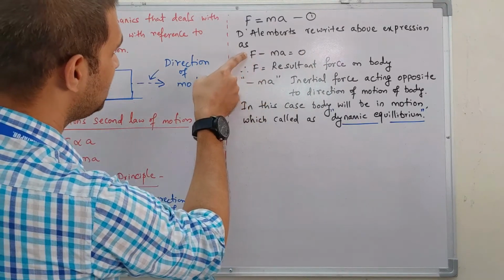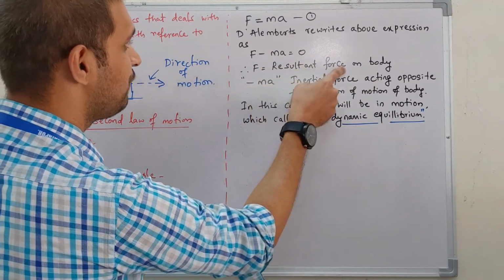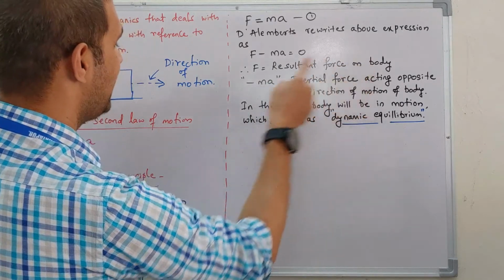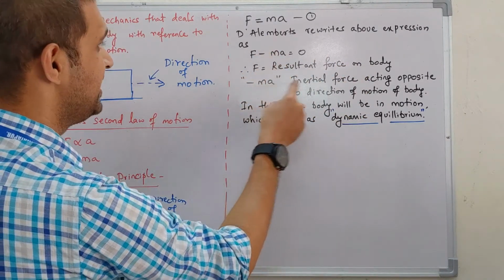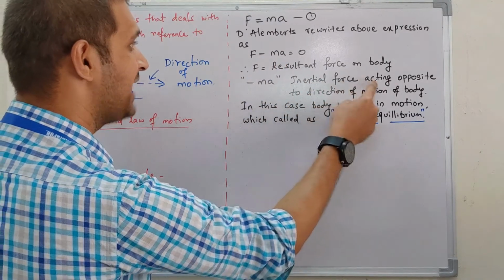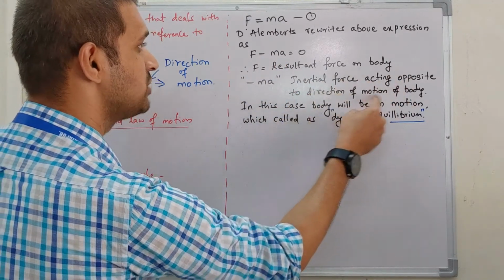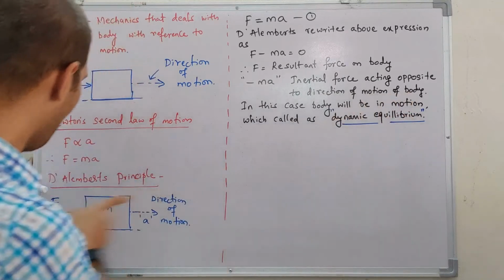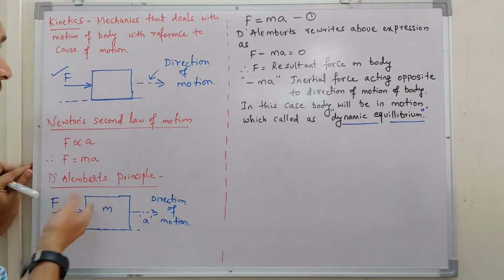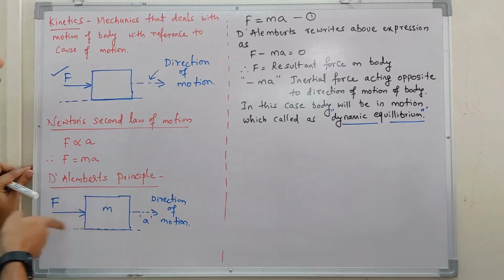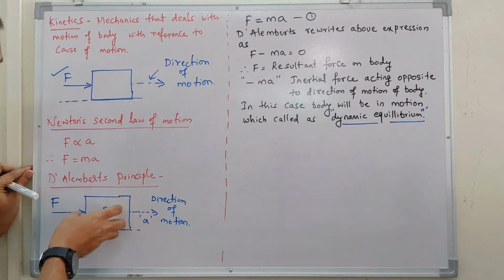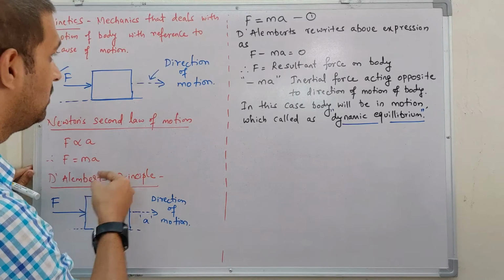We already know F is the resultant force acting on a body, and D'Alembert calls this expression minus ma an inertial force acting opposite to the direction of motion of the body. Whenever force is acting on a body, as per Newton's law, we are already aware that a body has some resistance to movement, which we call inertia.